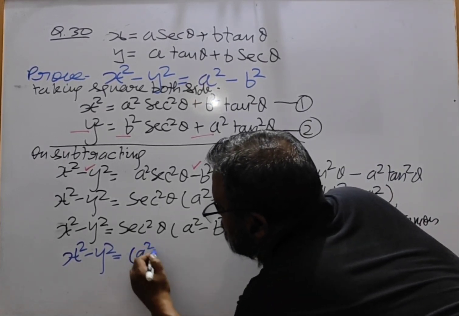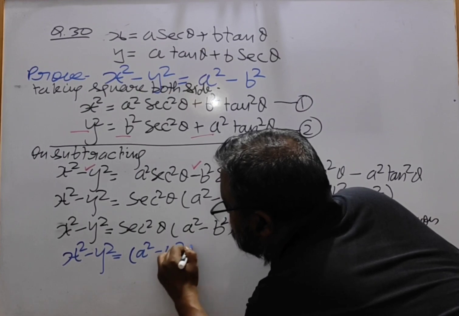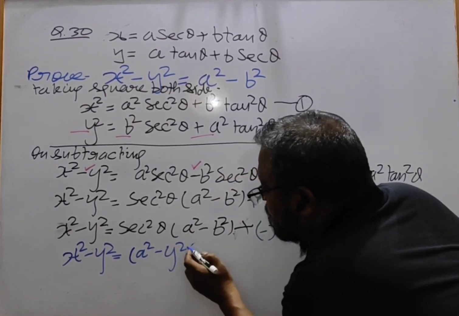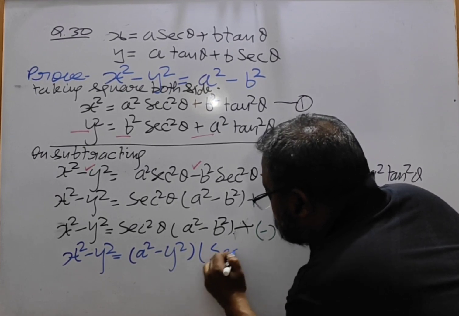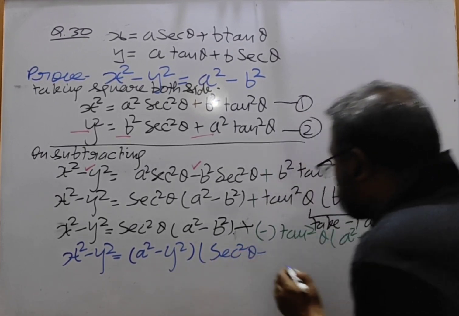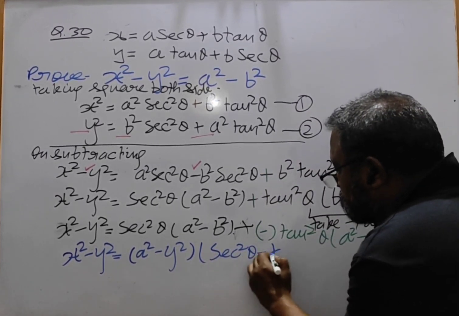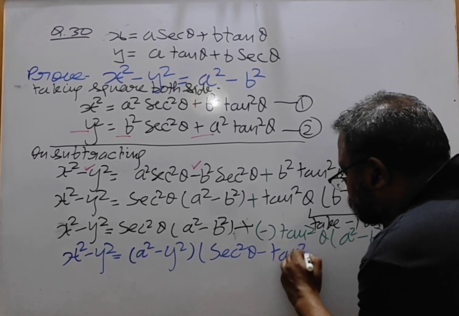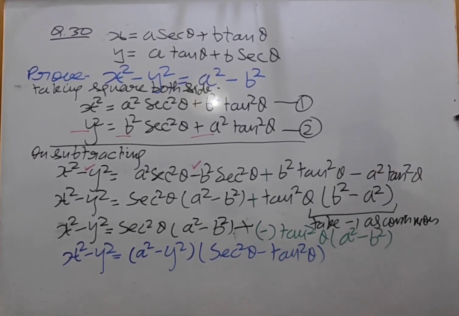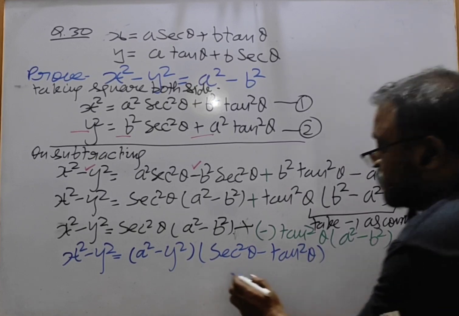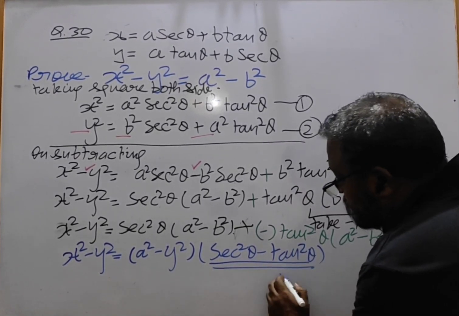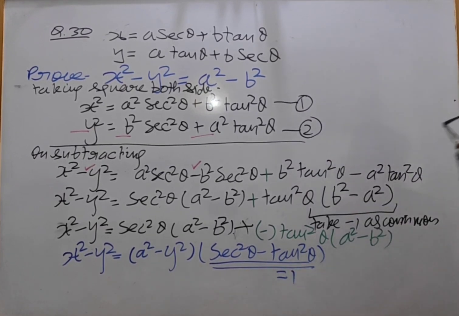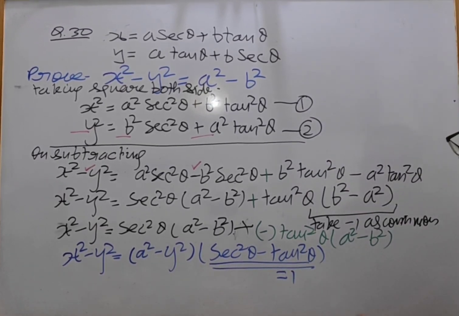A square minus b square we have taken as a common, and we get sec square theta minus tan square theta. Get it? And by identity, this is equal to 1, right?